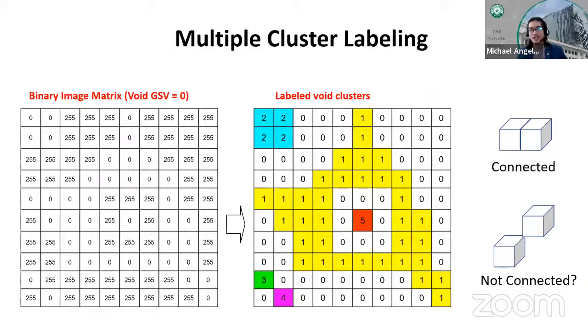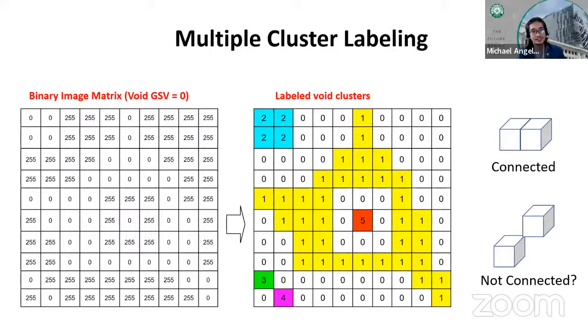Additional analysis would include a multiple cluster labeling algorithm, because sometimes we need to find objects. One cluster could be considered as voxels that are connected with each other.